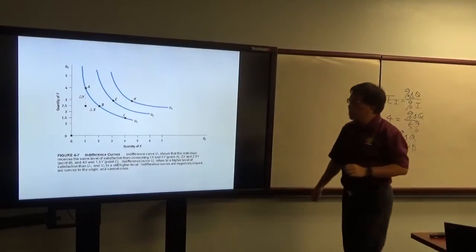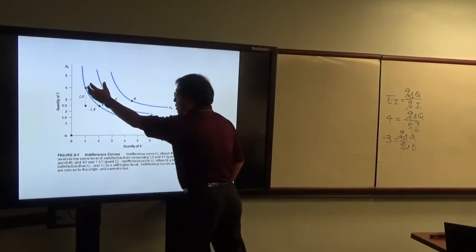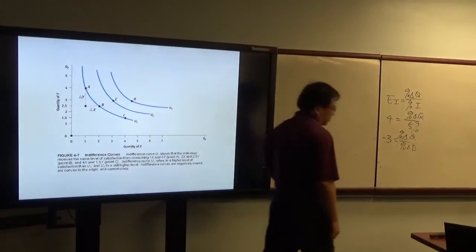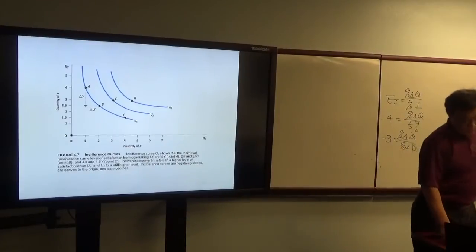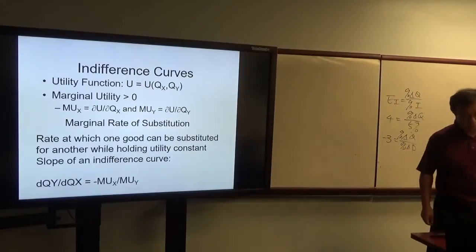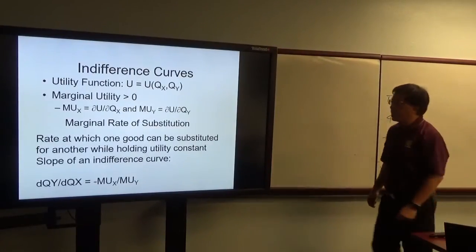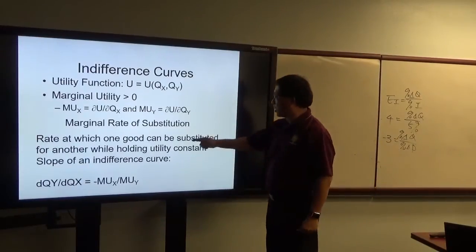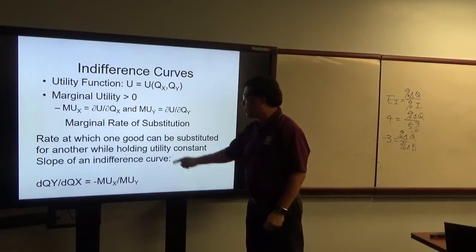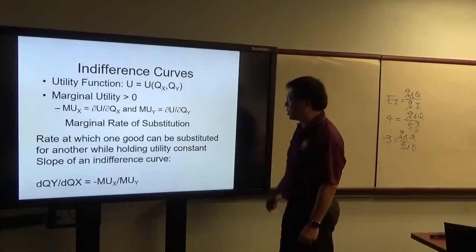So the slope of this is called the marginal rate of substitution. It is the rate at which one product can be substituted for another while holding the utility constant.